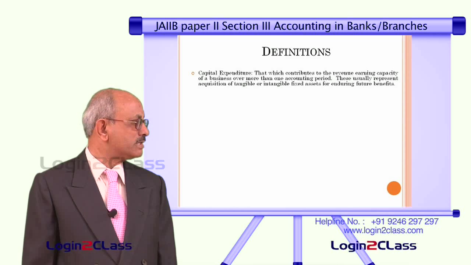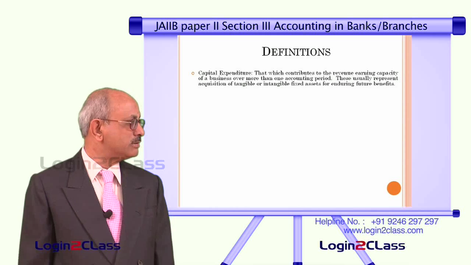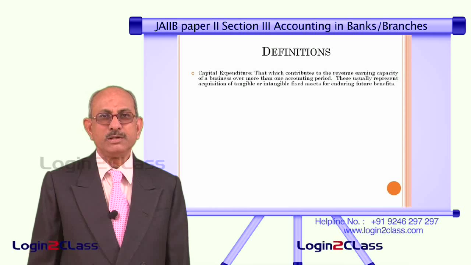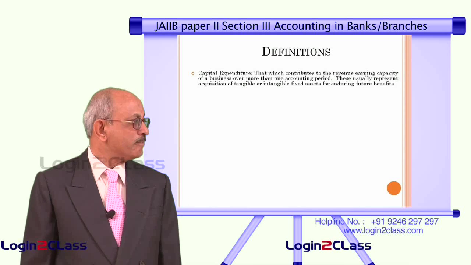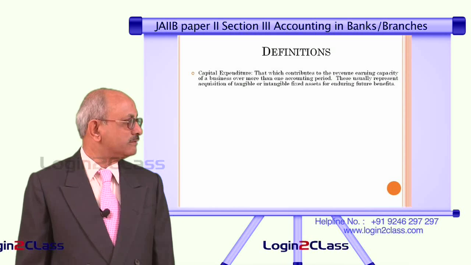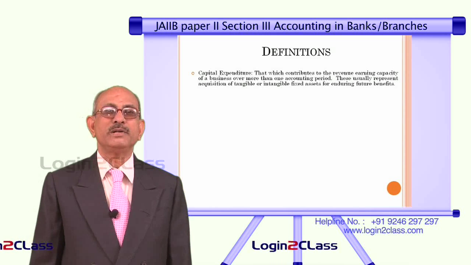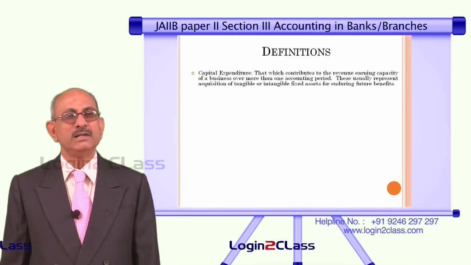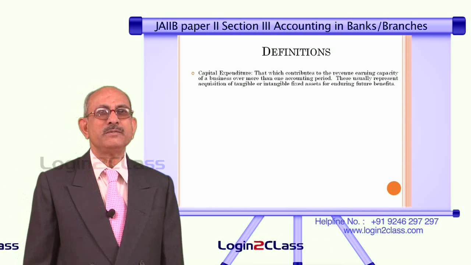These usually represent acquisition of tangible or intangible fixed assets for enduring future benefits. So, the most important wording in this is it will contribute to the revenue generating capacity of a business over more than one accounting period. So, if the benefit extends to more than one accounting period, such an expenditure is treated as capital expenditure.